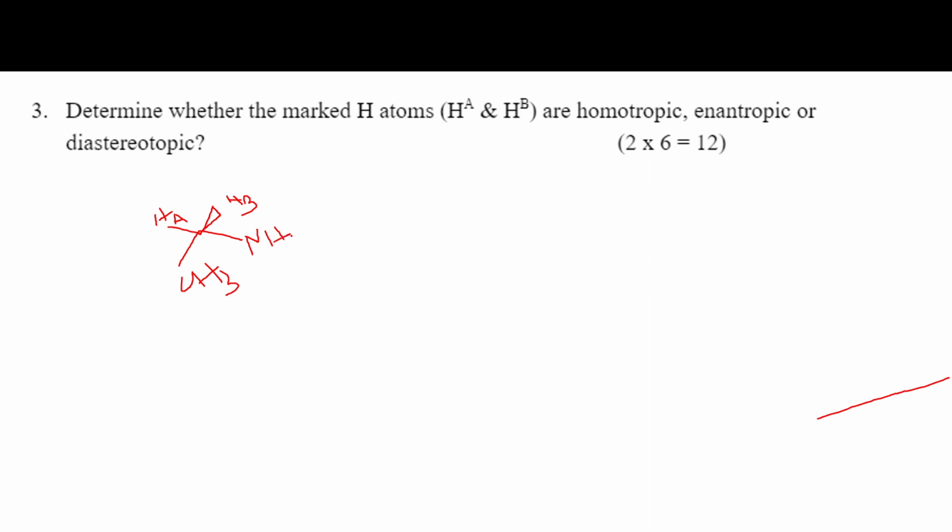Are they enantiotopic, diastereotopic, or homotopic? To solve this kind of problem, you have to replace first HA by fluorine or any other atom. So first we replace HA by fluorine.